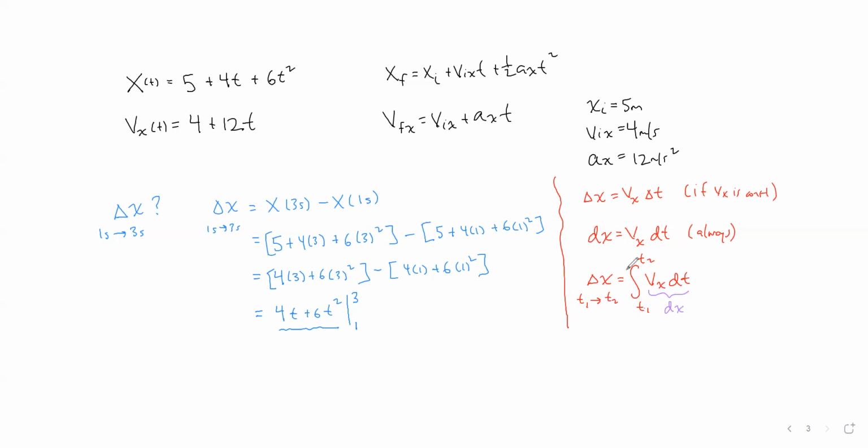It's the displacement between time 1 and time 2. But the displacement between time 1 and time 2, let's say time 1 is 1 second and time 2 is 3 seconds, is just this. Therefore, we have to figure out how to go from the velocity function that we're integrating to this expression, which resembles the position function in some way.